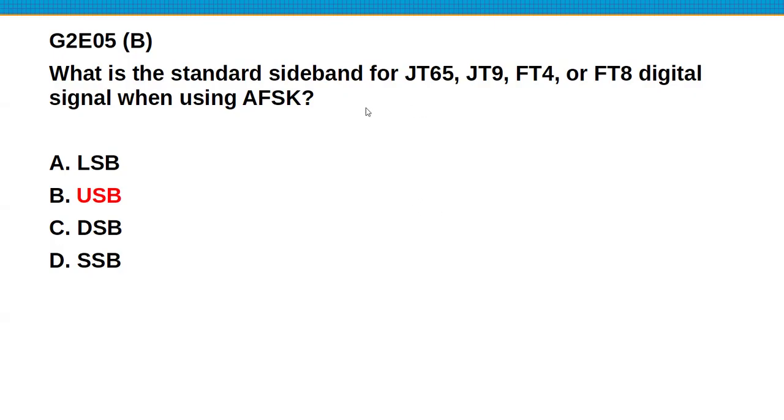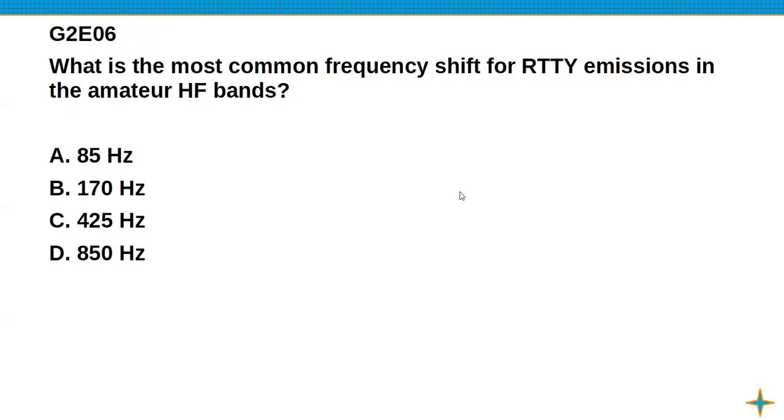They're always upper sideband on those. What's the most common frequency shift for RTTY emissions in the amateur HF bands? Bravo. Now, you don't have to do 170, but that's kind of the standard.